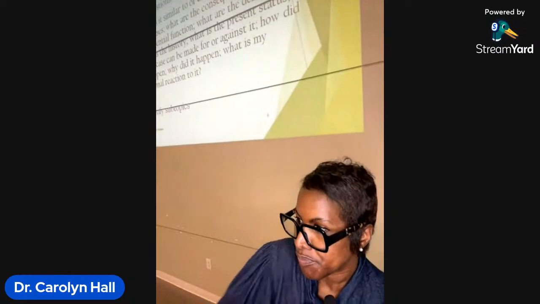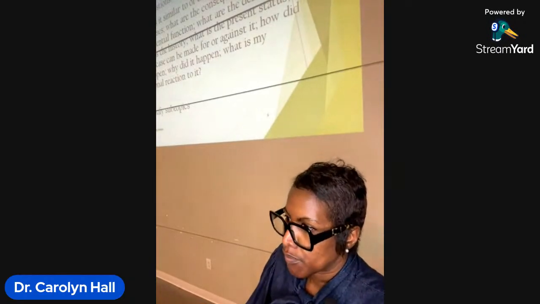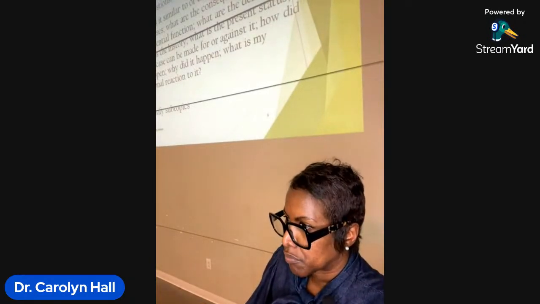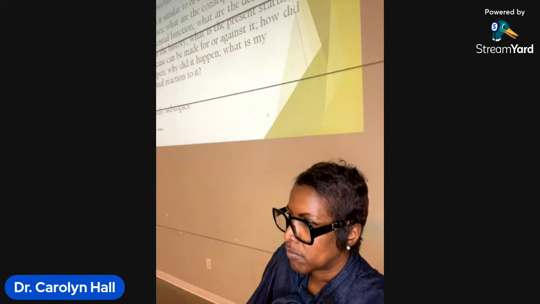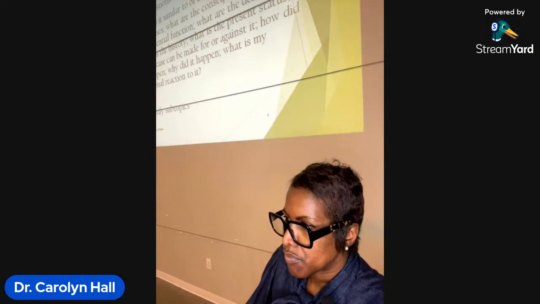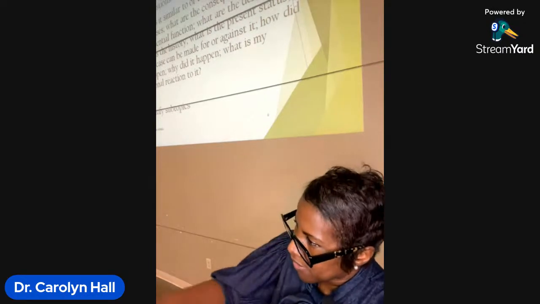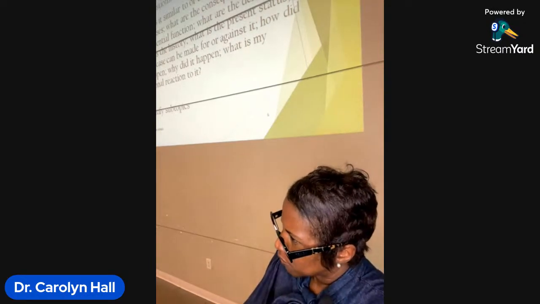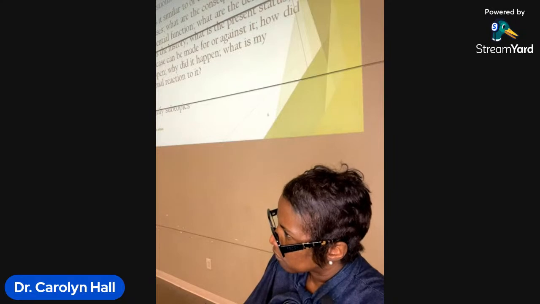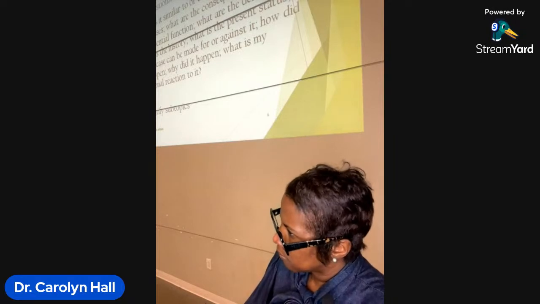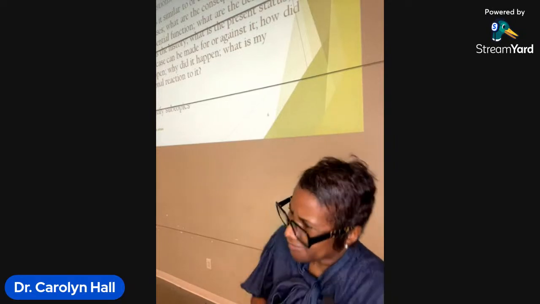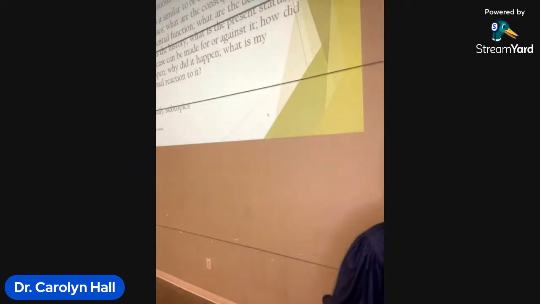You support a statement with evidence and proof through data, facts, statistics, triangulation. You also do it by paraphrasing and quotation. Okay, very good, sir. Yes, sir. Okay. I love it. Thank you, fellas.